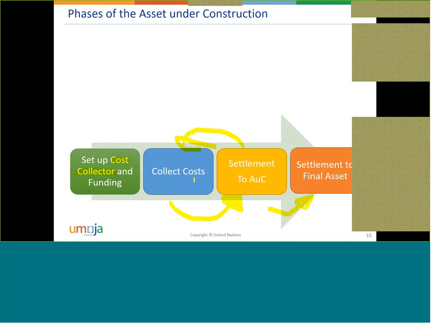You are using your budget and you are generating actuals. So all these actuals are tracked by the cost collectors. That could be an internal order or could be a project. You may be more familiar with the concept of internal order because it has been used previously. So this cost collector is basically tracking all that.